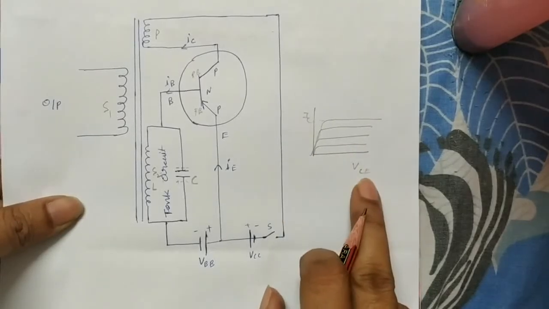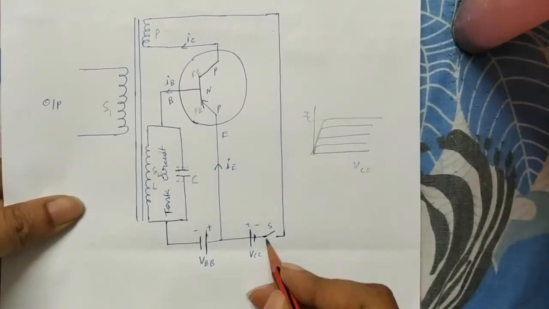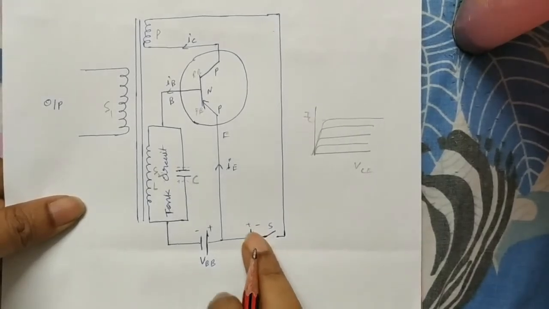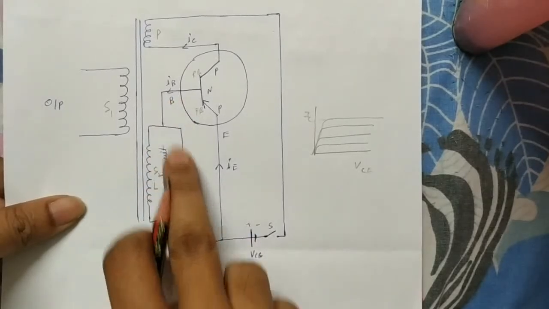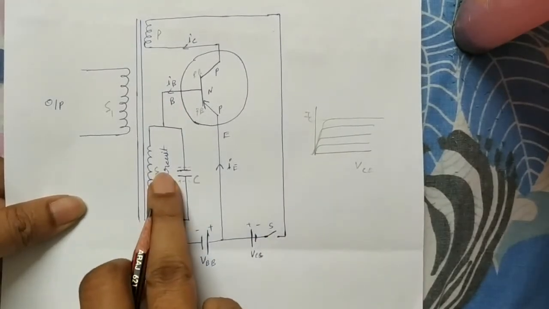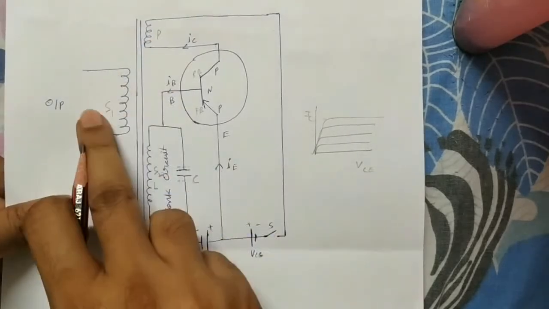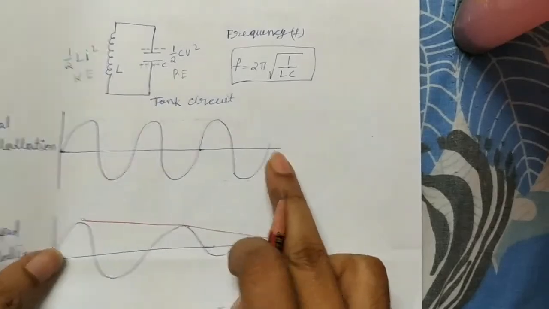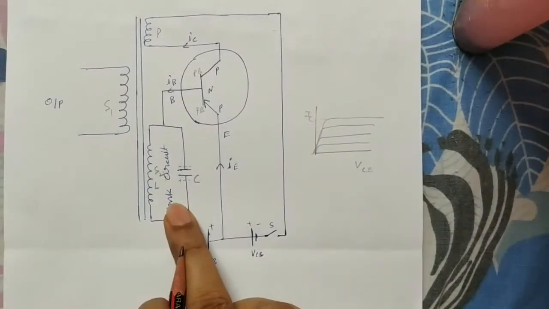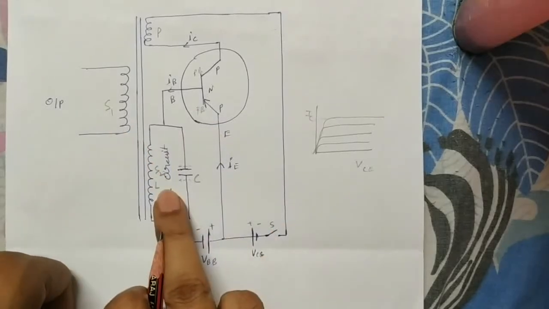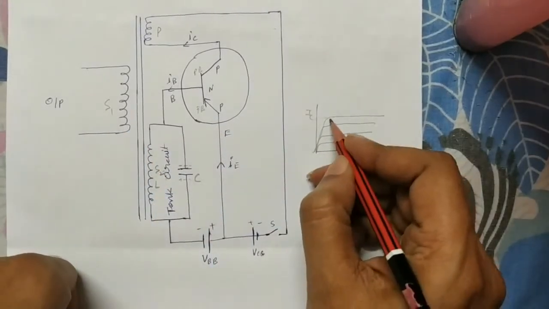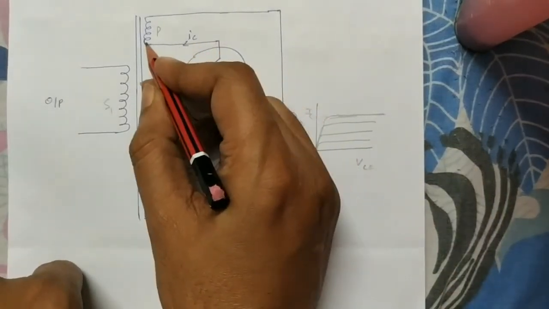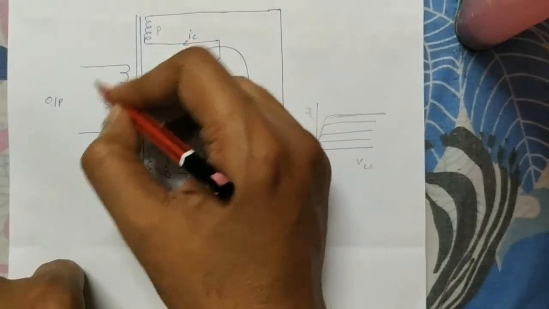It does not depend upon V_CE; it depends upon the input current, which is what we get here from the feedback. If we get sufficient amplitude in the output, a perfect wave, it won't give feedback, because when sufficient amplitude is reached, the current becomes saturated, meaning a constant current. Whenever a constant current flows through I_C, it won't induce anything in the secondary circuit.